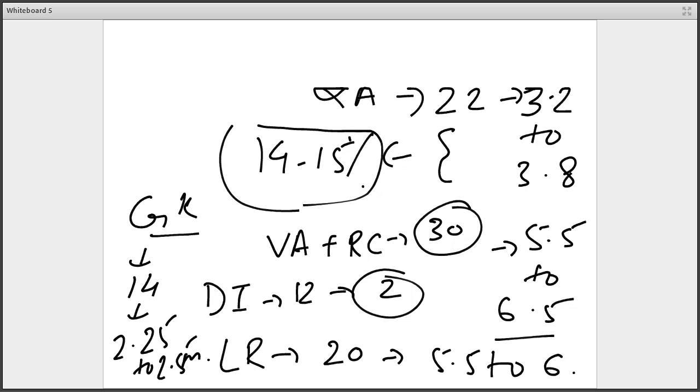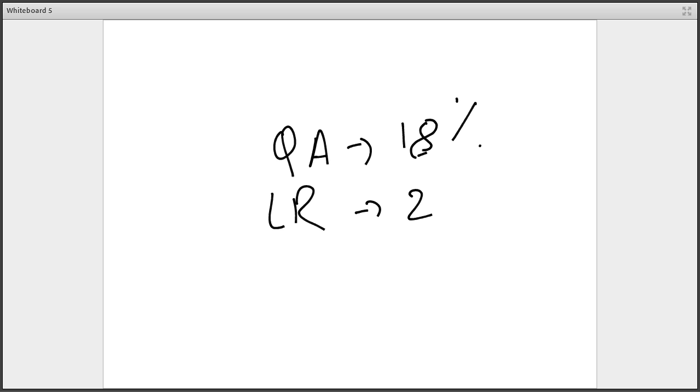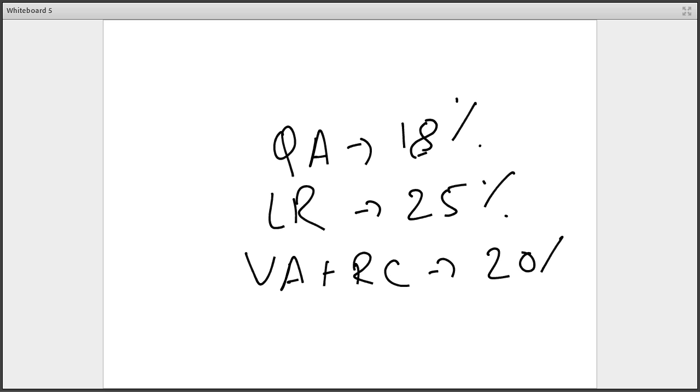So if I have to summarize it for you in terms of the percentage marks that you should be targeting, for QA your target should be say 18% to be on the safest side. LR, go for 25%. VA plus RC, go for 20%.